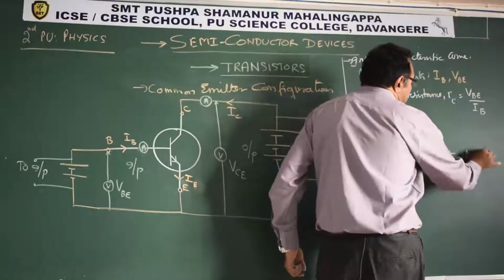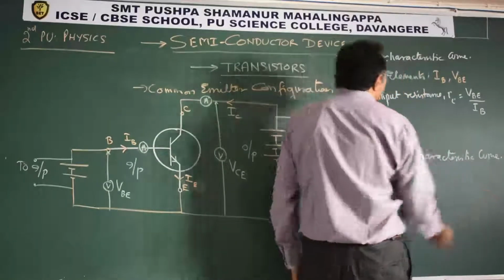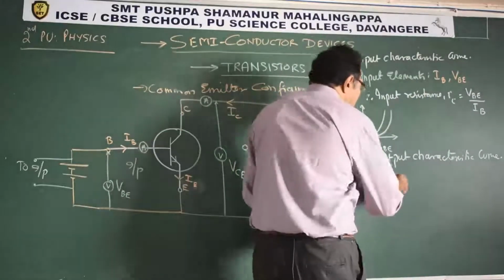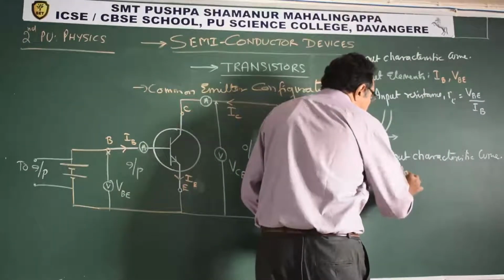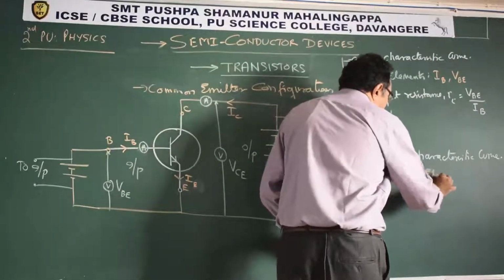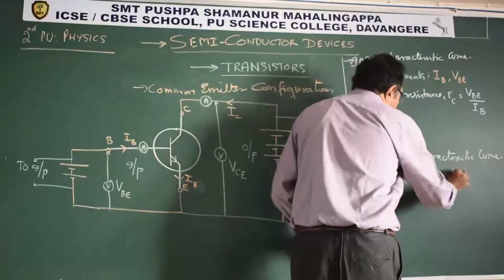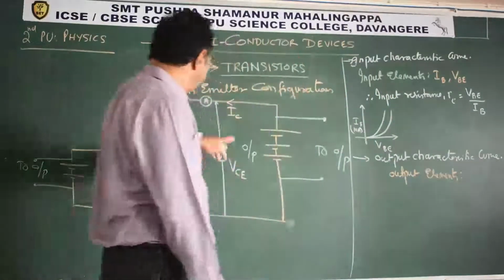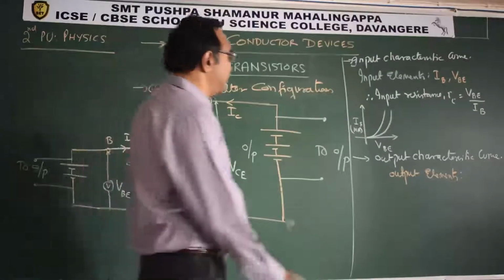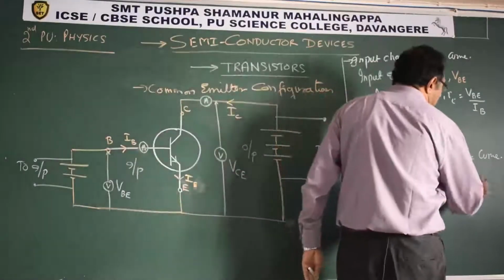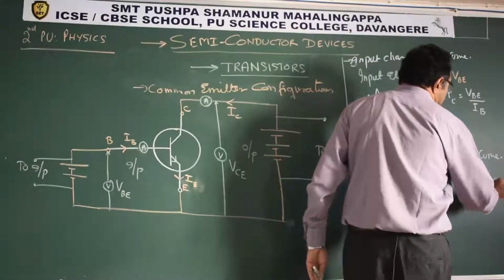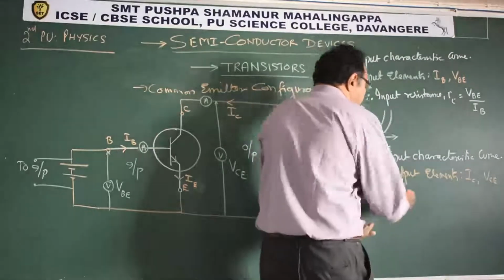The output characteristic curve is also the same thing. What are the output elements? IC and VCE. Out of these two, what do we get?